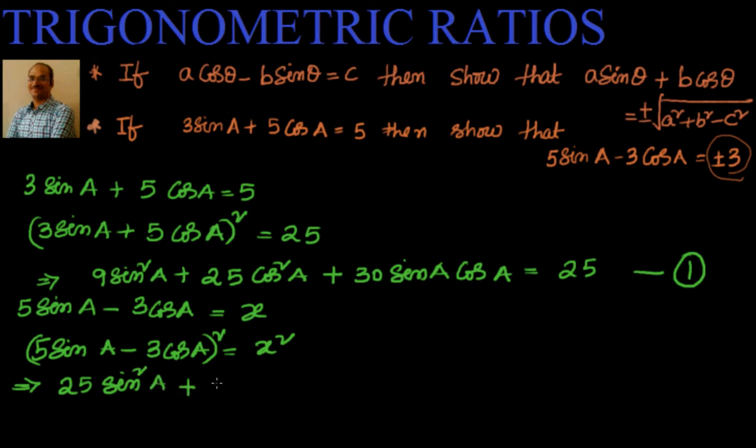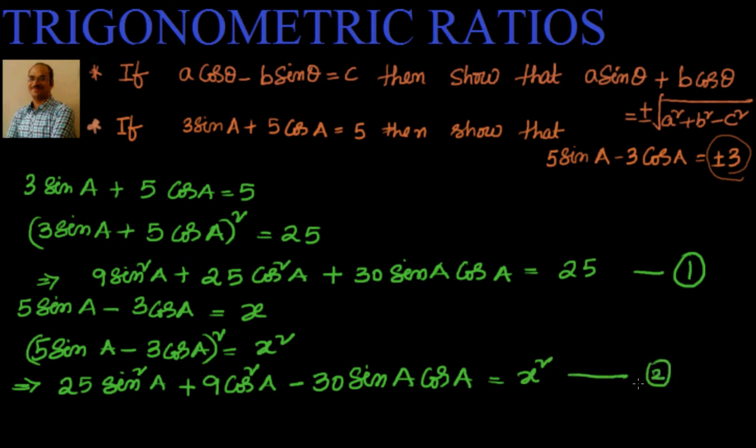B square is 3 square 9, cos A whole square is cos square A, minus, this is A minus B whole square type. So this is 2ab, that is 2 into 5 into 3, 30 sin A cos A. This is equal to x square. This is our equation number 2.